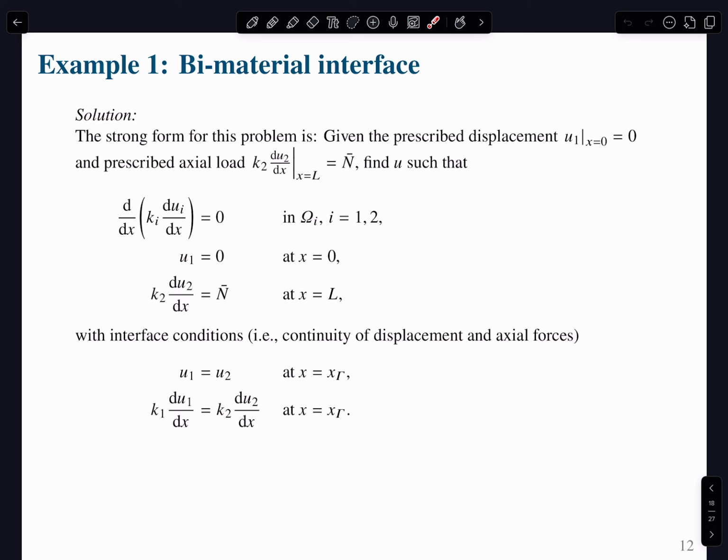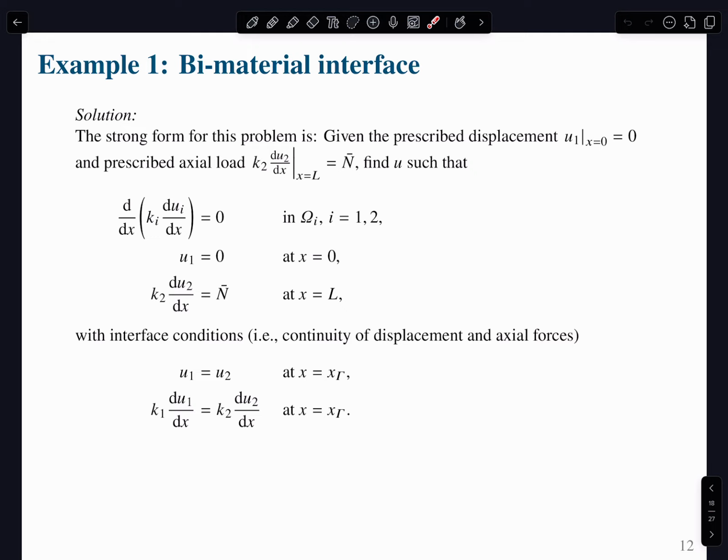When we integrate this equation twice to get u in each of the subdomains, I'm going to have two constants of integration per subdomain. So I need to figure out 4 constants, and so I'm going to use my interface conditions.